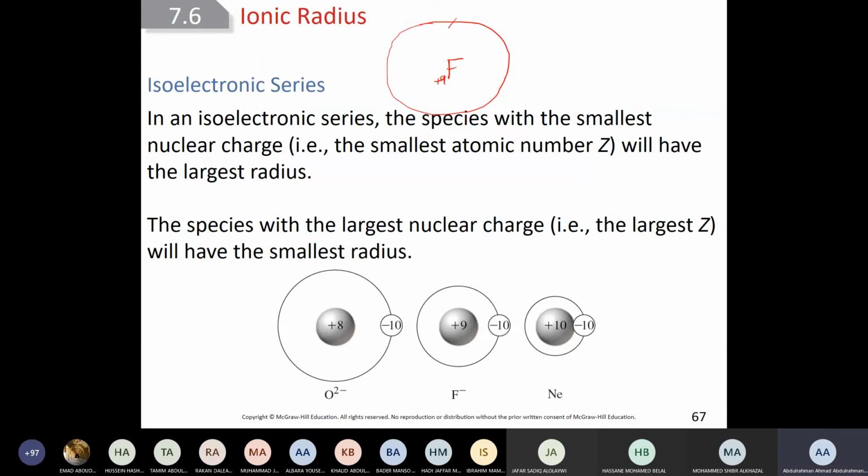So how many valence electrons? 1, 2, 3, 4, 5, 6, and 7. These are the valence electrons, and 2 are core electrons. When you make minus, what will happen? There will be 2 inside in the core and 8 outside. What will happen to the size? It will increase. Tell me why it will increase.